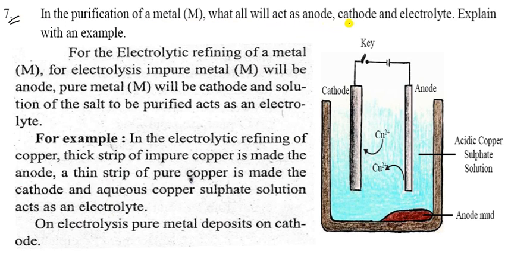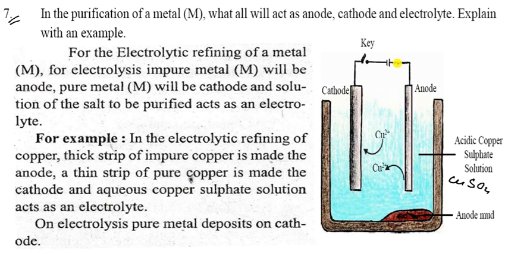The first one, paint or grease should be applied on metals. Always remember, the first is paint or grease should be applied on metals. The second, a layer of oil should be applied on metals. The third one is a coating of a layer of other active metals should be applied on the metals.